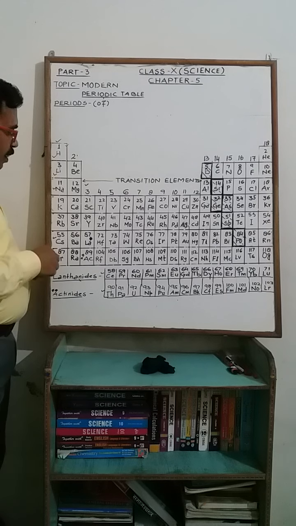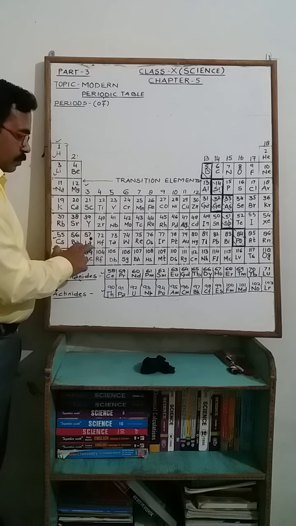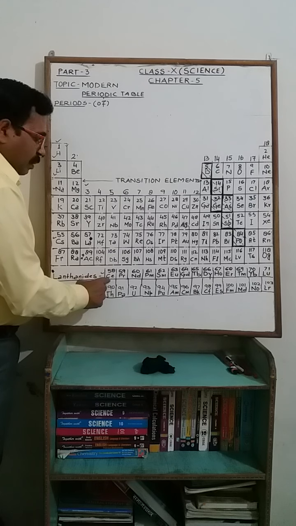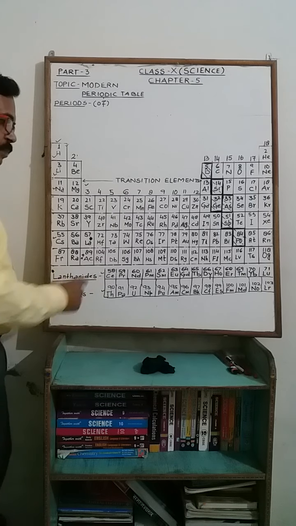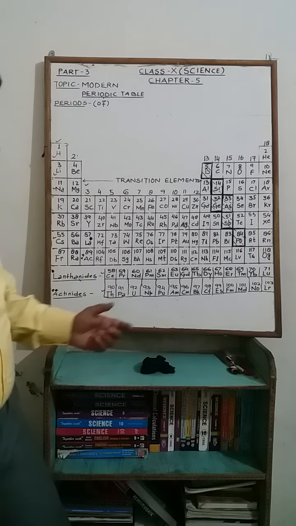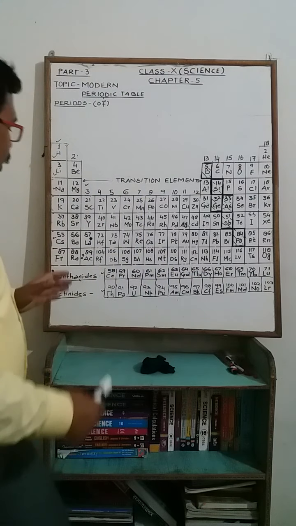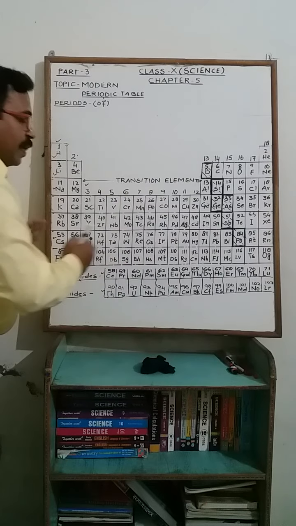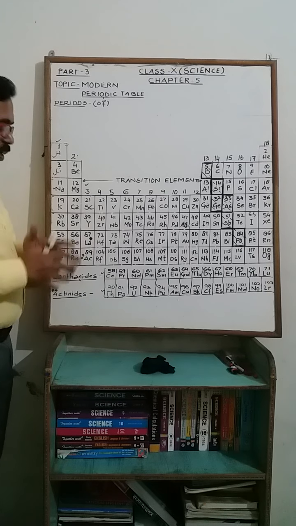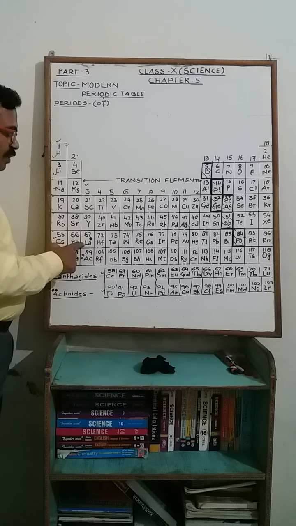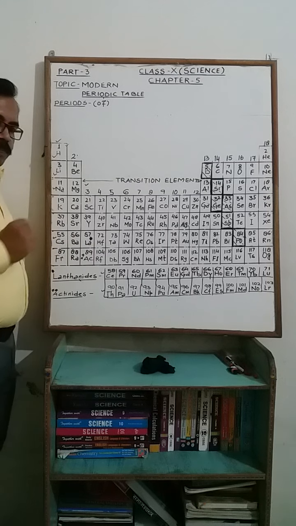Because with lanthanum, all these elements from atomic number 58 cerium up to atomic number 71 lutetium, these 14 elements resemble the properties of the element with atomic number 57, lanthanum.